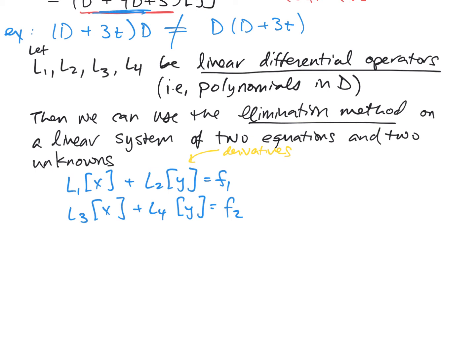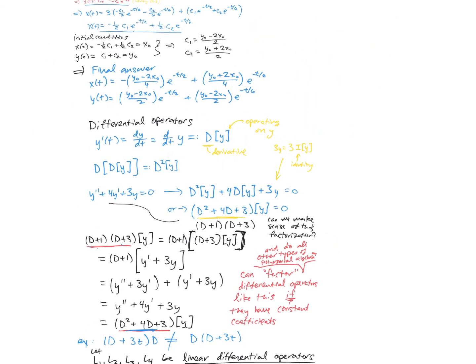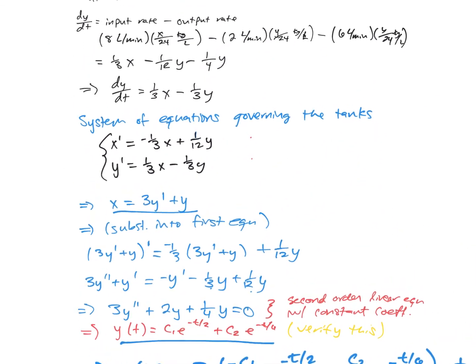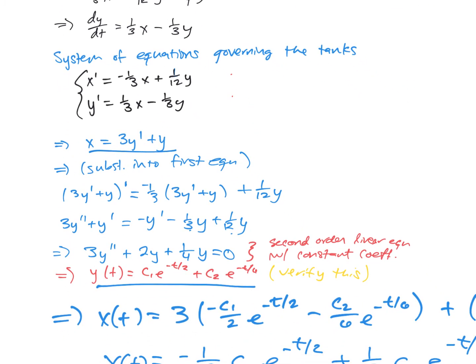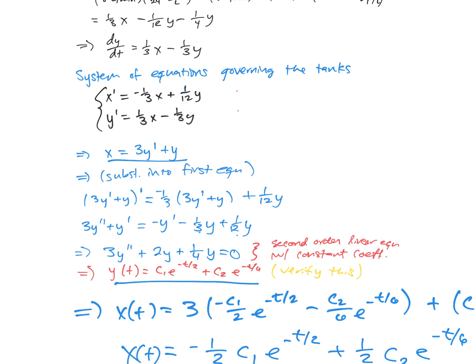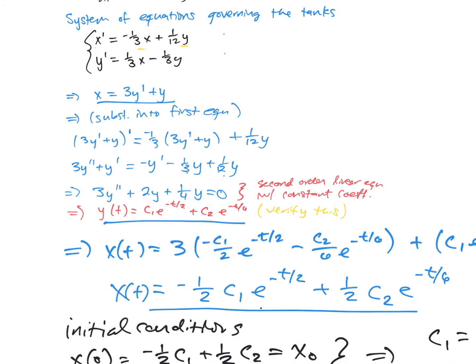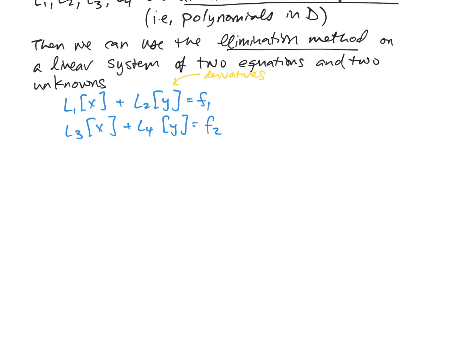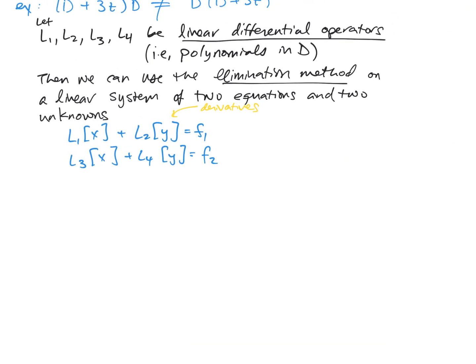And so these are just like the equations that we saw way up here, where if we shift everything to one side, we had some derivatives of x and derivatives of y, and x and y themselves all mixed together in the equations. And because these have constant coefficients, we can add and subtract and multiply and commute things and factor things and all that. So we just eliminate things the same way that we would do in a regular algebraic equation.